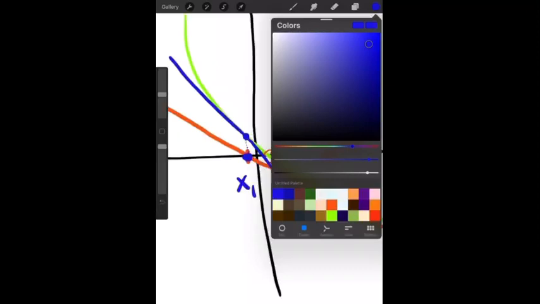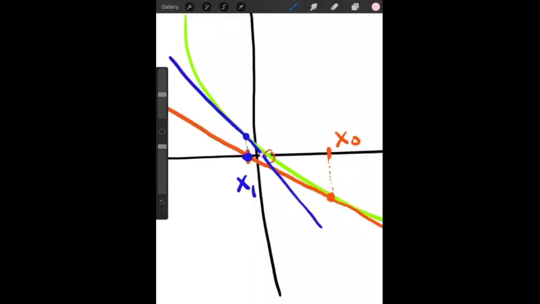And so that doesn't quite, maybe this will work, get us the 0, right? It gets us something else, but we're getting closer and closer, right? So this becomes x2.